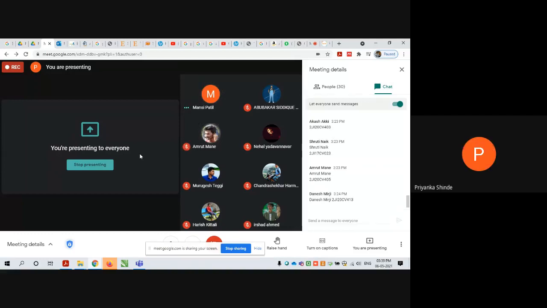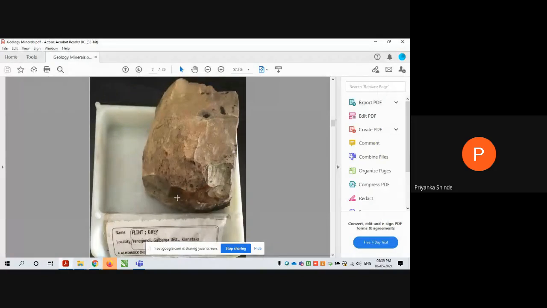Brittle. Yes, it is called brittle tenacity. Brittle means breaking into pieces. So if you apply pressure on it, if you try to break it, it will break into pieces. So we have to write it as brittle. Tenacity is brittle. Then the next property is form.